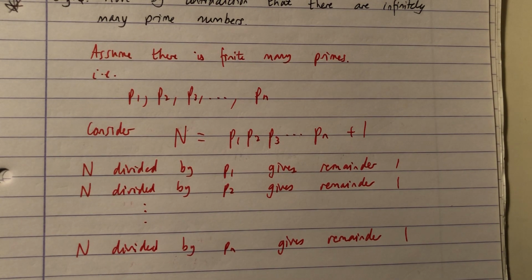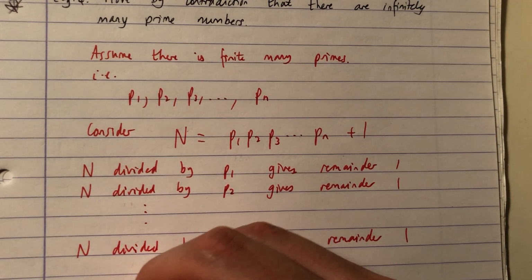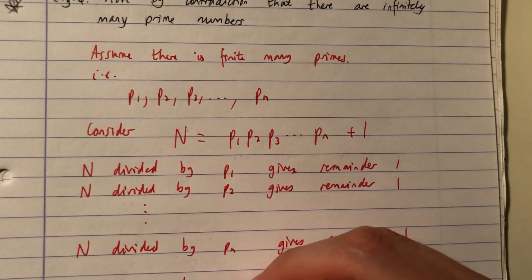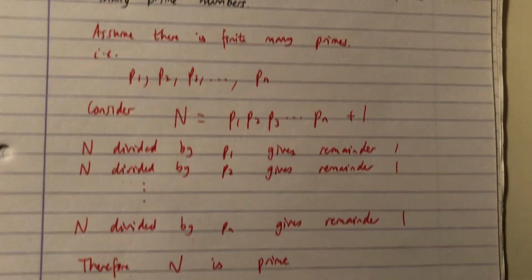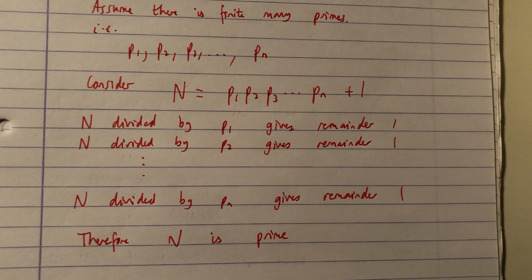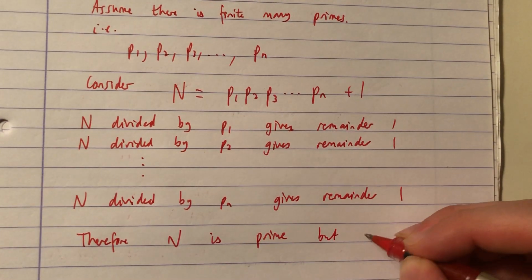Now, if that's true, then n itself, by definition, would have to be prime. Because if I had a number and no primes go into it, that number itself would have to be prime. That is a mathematical fact about prime numbers. So that says, therefore, n is prime, but not on our list.